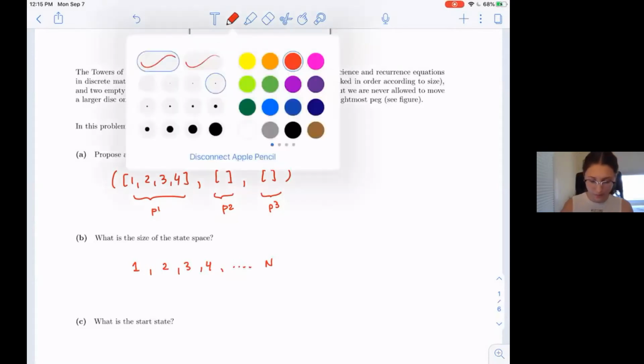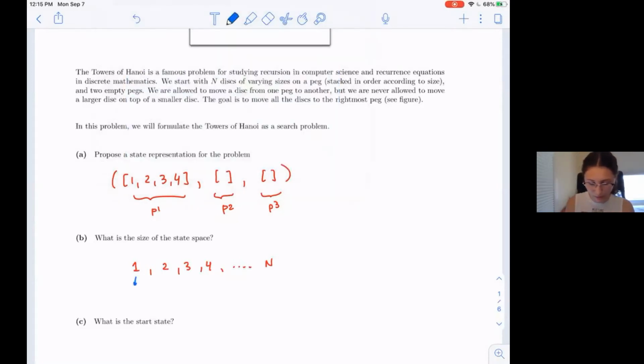For example, disk number 1 could be on peg 1, 2, or 3. What about disk number 2? At any given time, disk number 2 could also be on peg 1, 2, or 3. Same thing with disk number 3, 1, 2, or 3. And finally, the very last disk also has 3 options for which peg it could be on.